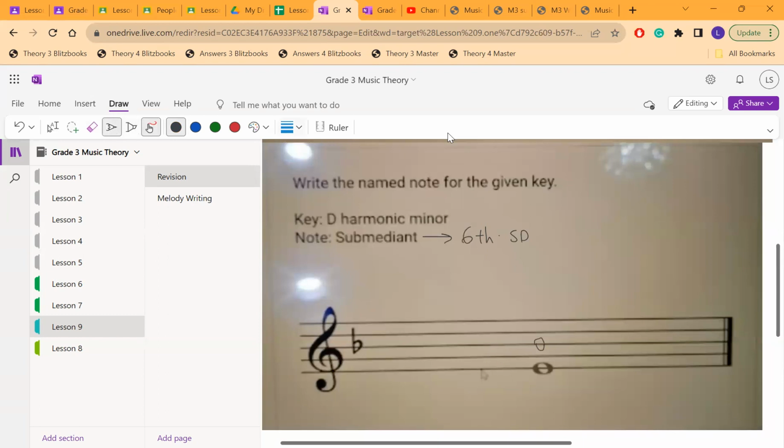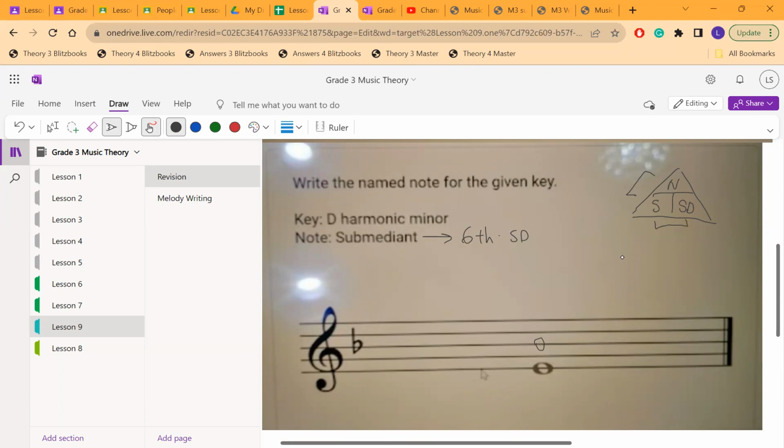Remember how I said, I think we did this in the very first lesson. Triangle. Note, scale, scale degree. If you know any two, you can find the other. So you're given the note and scale. No, sorry, you're given the scale and scale degree here, and you have to figure out the note.